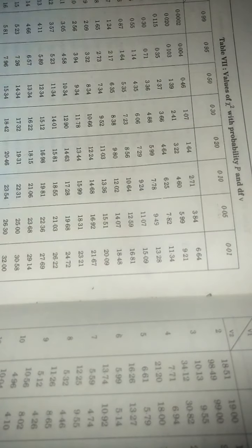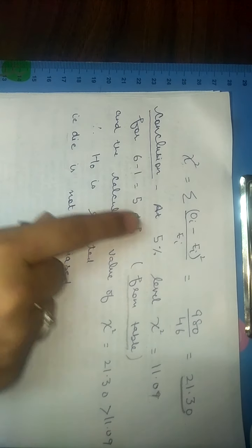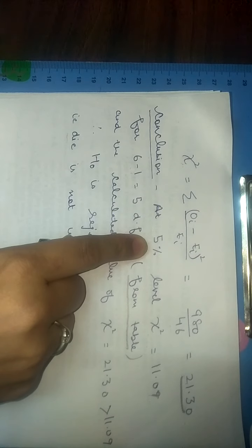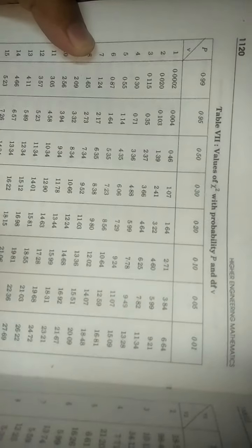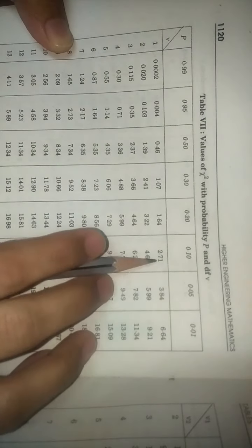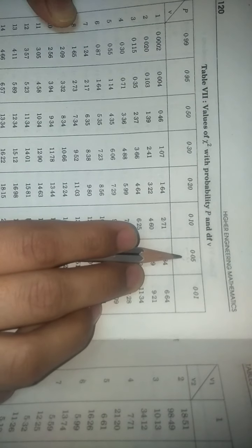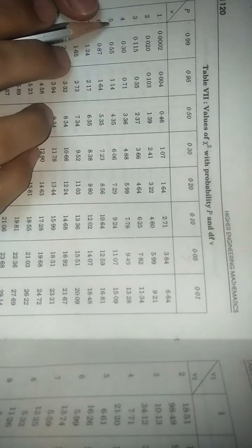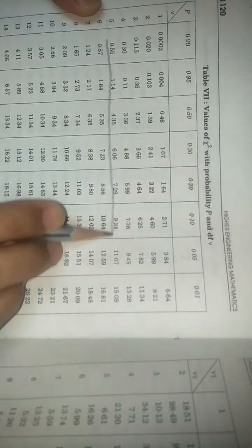This is the chi-square table, and in this question we have degrees of freedom 5 and probability 5%, that is 0.05.